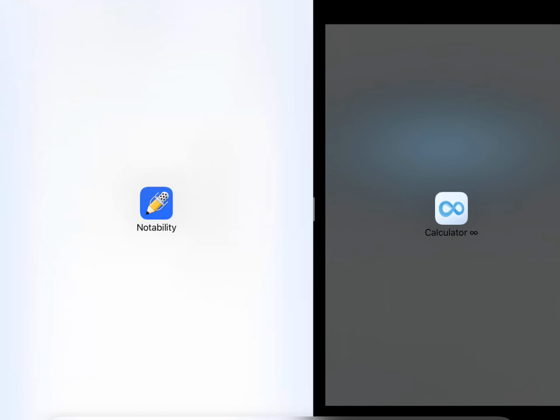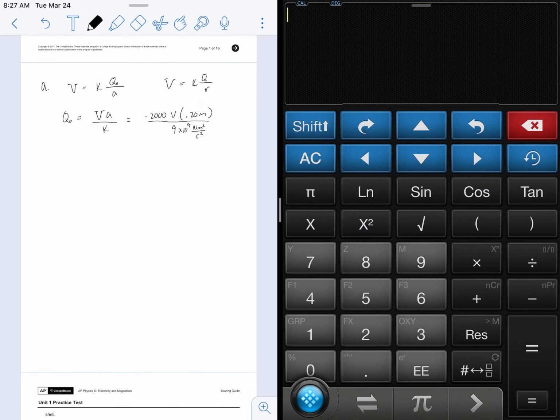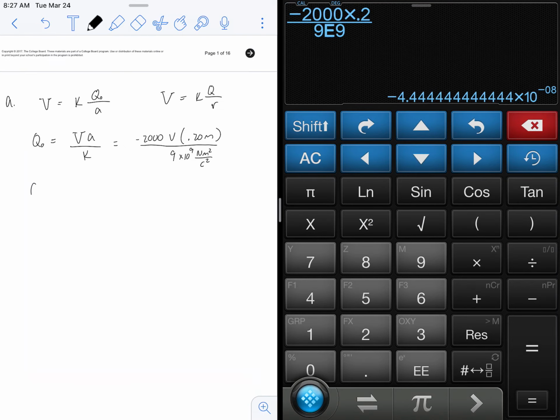So we can plug this into our calculator. Negative 2000 times 0.2, and then divide that by 9e to the 9. And I'm getting Q naught is negative 4.4 times 10 to the minus 8 coulomb.